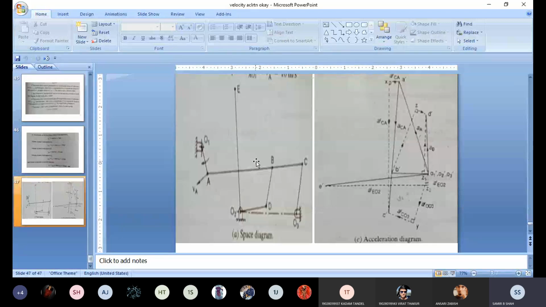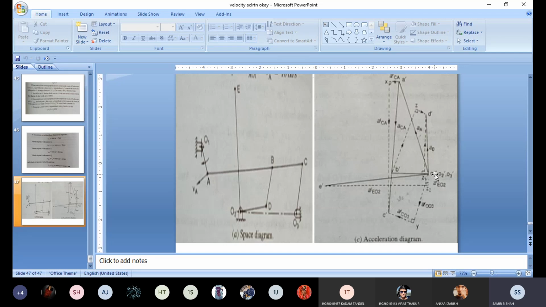I put O1, O2, O3 as one point. Consider O1, O2, O3 are fixed points taken randomly in space. They may be considered as O1 dash, O2 dash, O3 dash, which are marked as one point in the acceleration diagram.